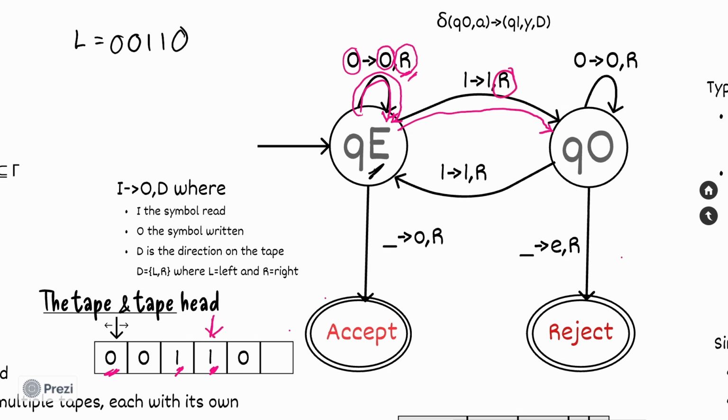Here on reading input 1, we shall take this transition and move to the right again.